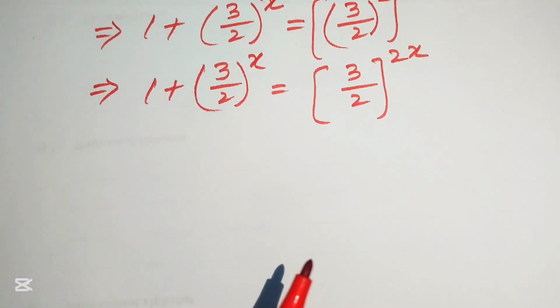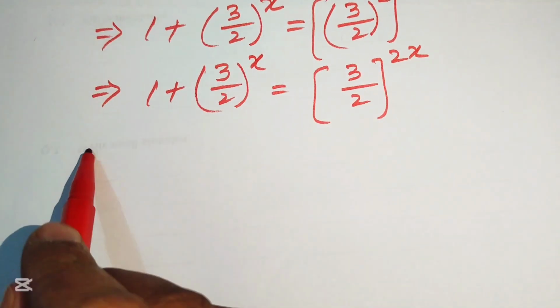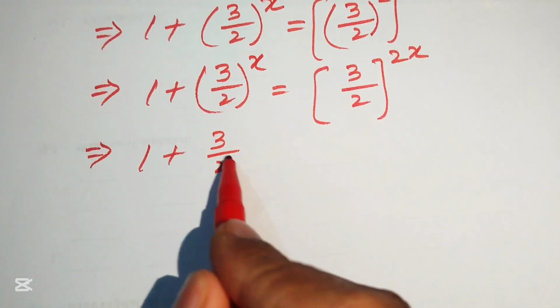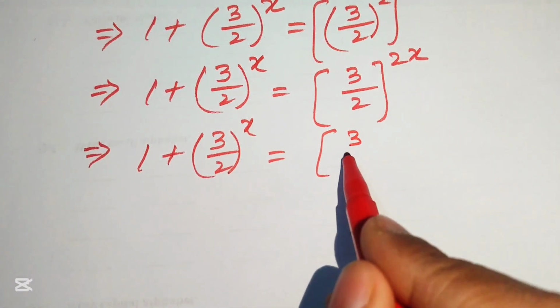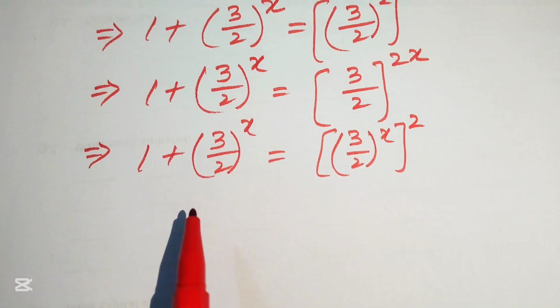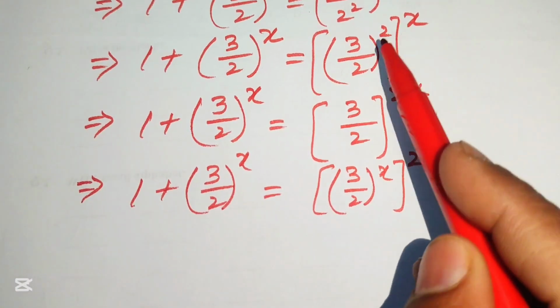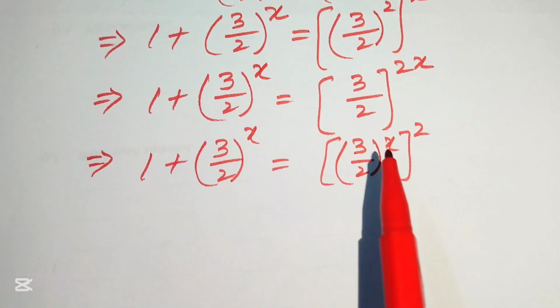Okay, so after this step we move this x inside this term and we write it as 1 plus 3 over 2 to the power of x equals to 3 over 2 power x and its whole square. We need to interchange these two exponents here. We move x inside and 2 outside of this bracket and we write in this form.